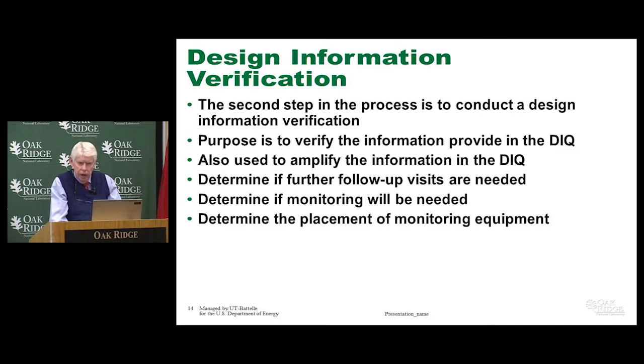It's also used to amplify this information. Let's say the facility owner decided not to declare an adjacent facility, and then during the DIV process, the inspectors say, well, what's in that facility over there? Well, that's where we handle whatever it is. Well, if that's fuel, wouldn't you want to declare that?